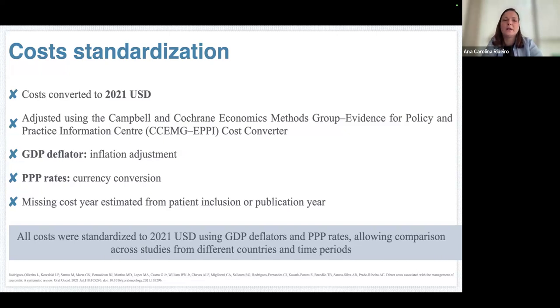This tool adjusts costs for inflation and purchasing power parity, allowing costs from different countries and different years to be compared. It was a very useful tool for our study.